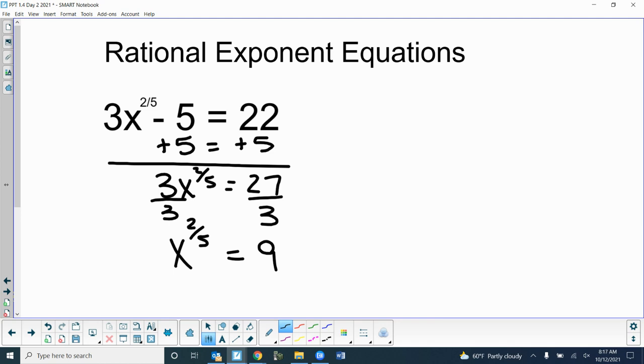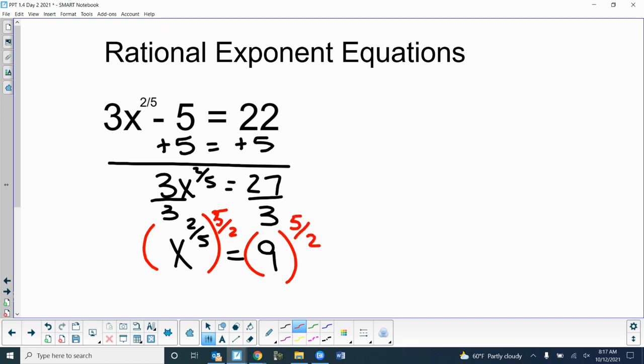So, how do I change 2/5 to 1? What do I do to it? Yeah, the reciprocal, right? So what we're going to do at this point is raise it to the reciprocal power. What you do to one side, you have to do to the other.